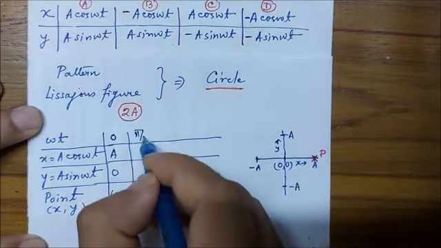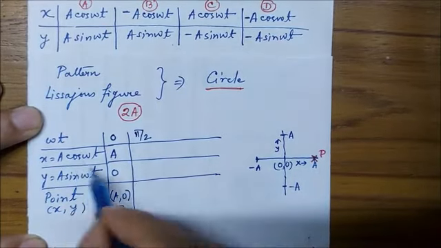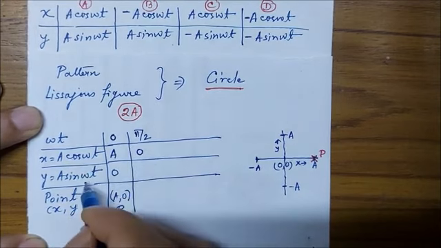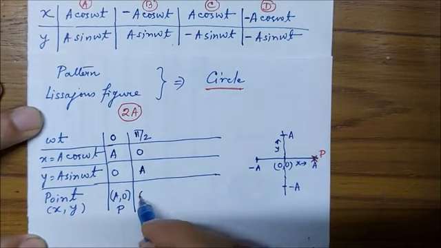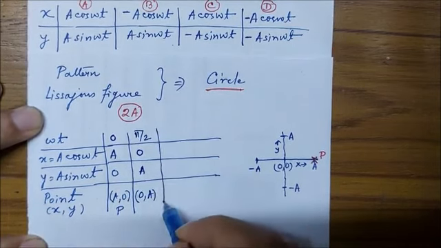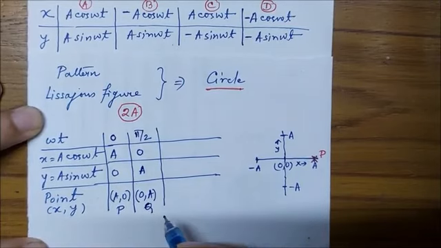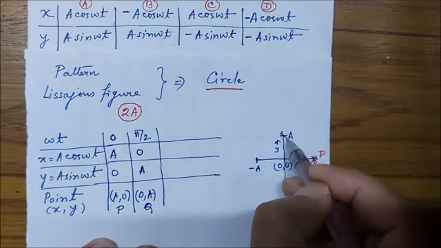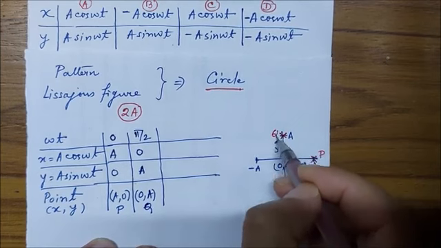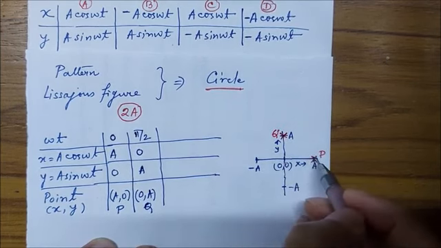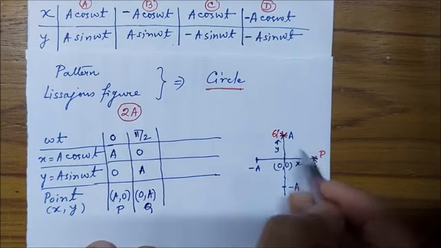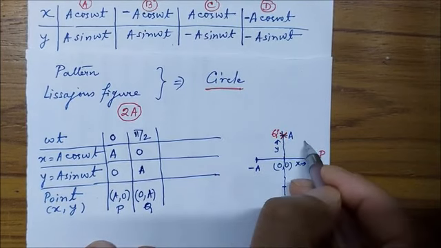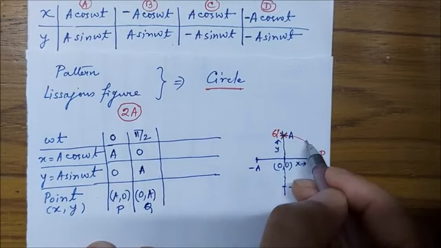For omega t pi by 2, cos pi by 2 is 0, so x is 0 and y is a. So the coordinates are 0, a, which let us call Q. So the resultant vibration moves along a circle from P to Q in this manner.